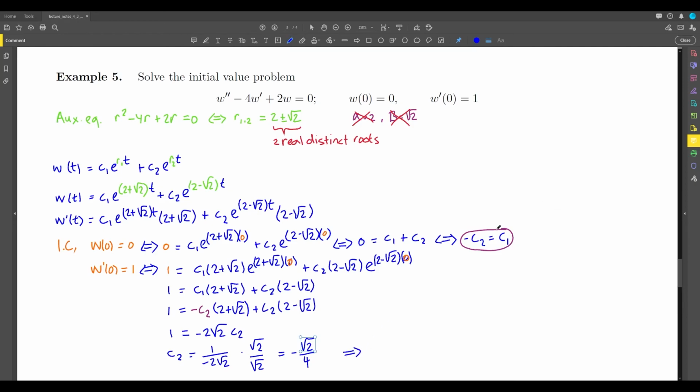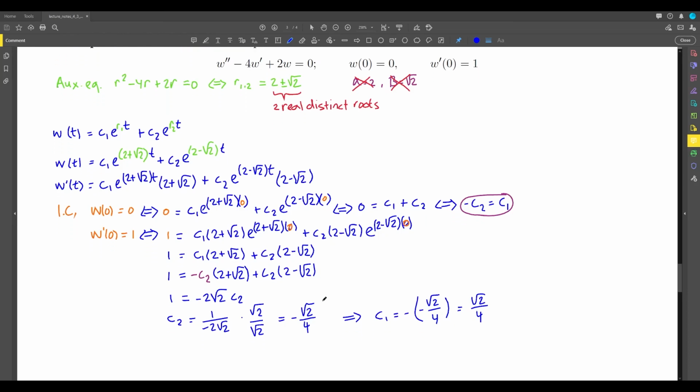And then going back to c1 being the negative of c2, we see that c1 equals negative of negative square root of 2 over 4. And so that is square root of 2 over 4 for c1.